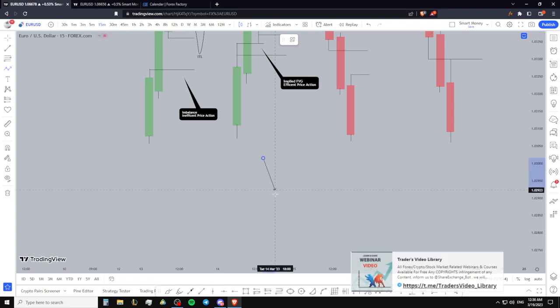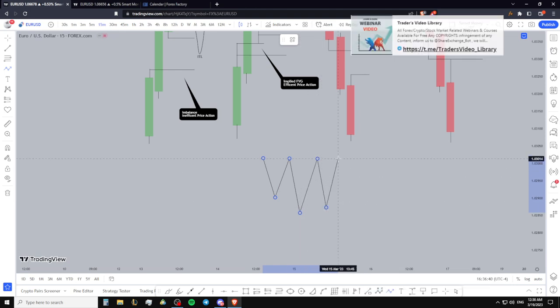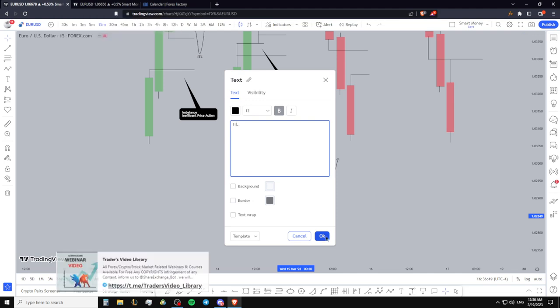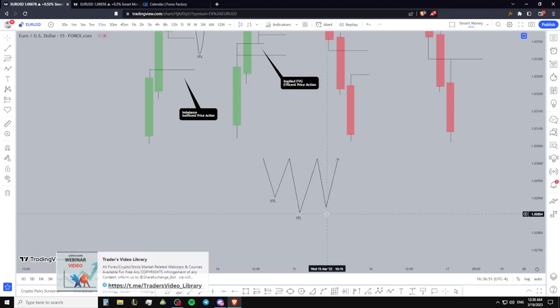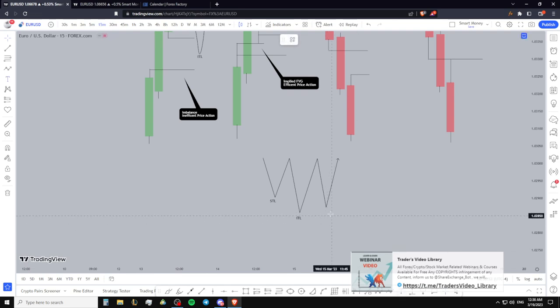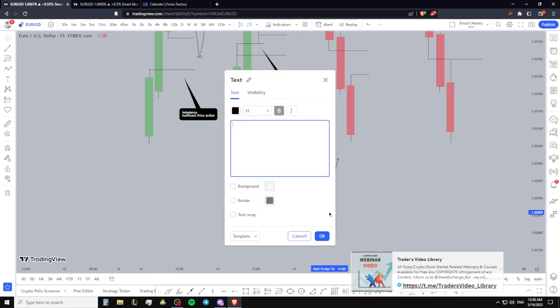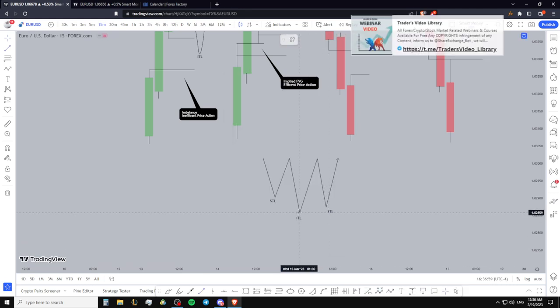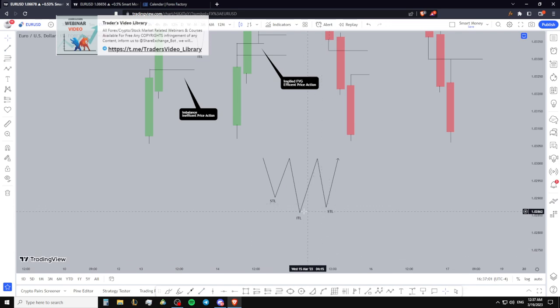So we have intermediate term low right here, and we have short-term low right here. As you can see, we have intermediate term low right here, and we have short-term low right here. So price may not break this to keep moving higher, okay?